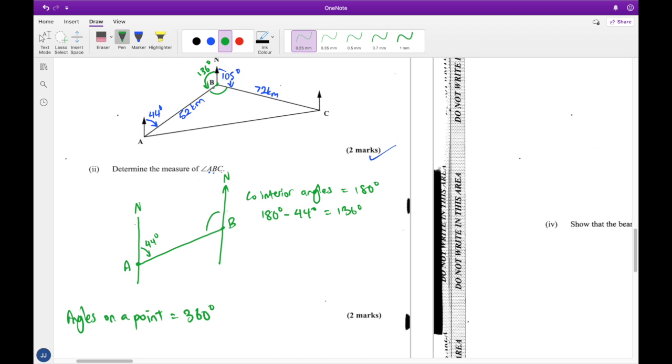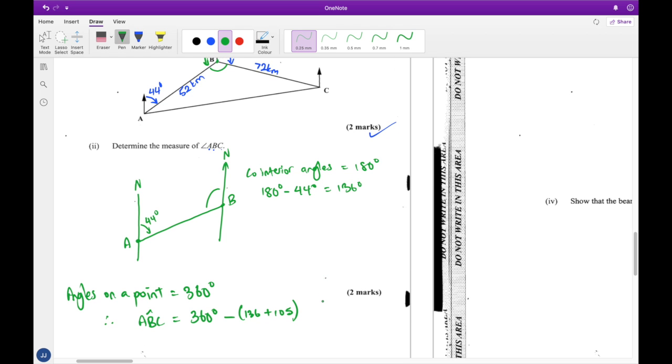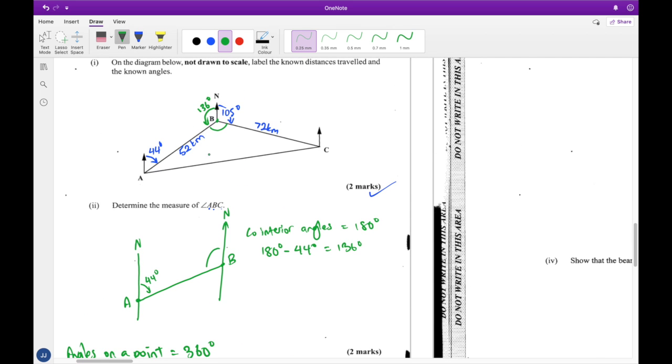So we can find the angle ABC by taking 360 degrees and subtracting these 2 angles, the 136 plus 105. 136 plus 105 gives us 241, and 360 minus 241 gives us 119 degrees. So the angle ABC over here is 119 degrees.